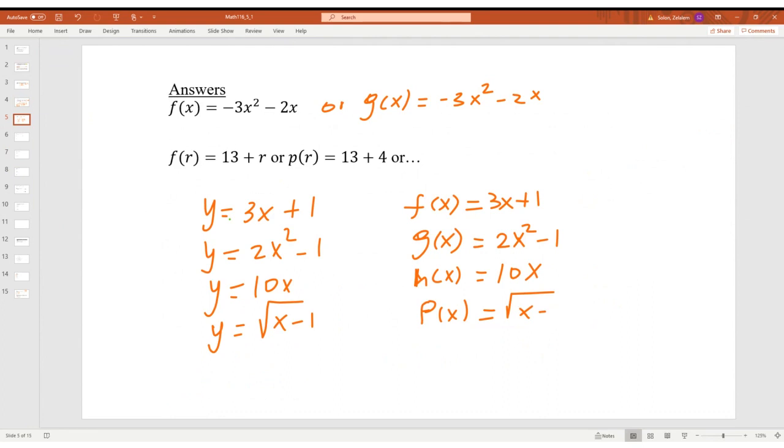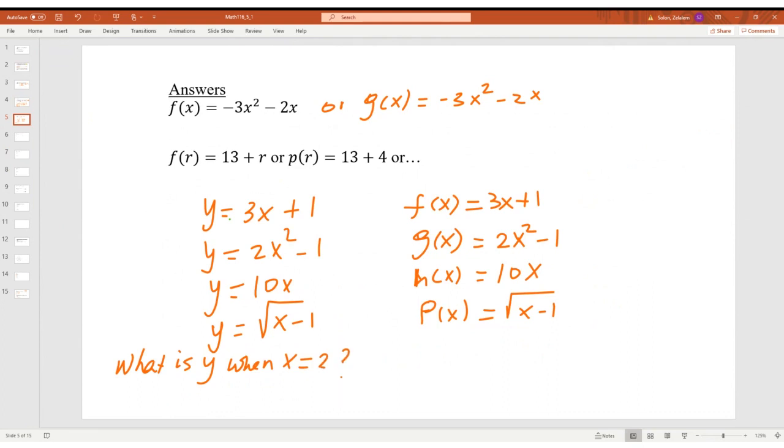Now I want you to see the difference between the two, and you can clearly see why we needed function notation in a simple question. For example, if I ask you what is y when x equals 2, which function are you going to use?